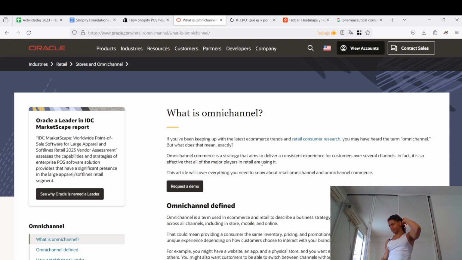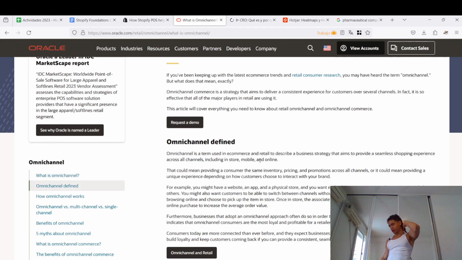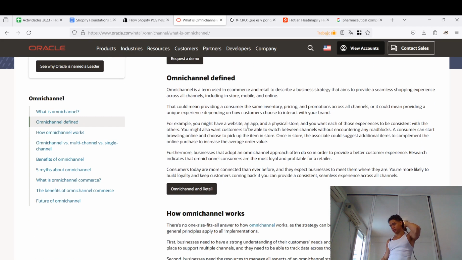This article will cover everything you need to know about retail omnichannel and omnichannel e-commerce. It's a business strategy that aims to provide a seamless shopping experience across all channels, including in-store, mobile, and online.